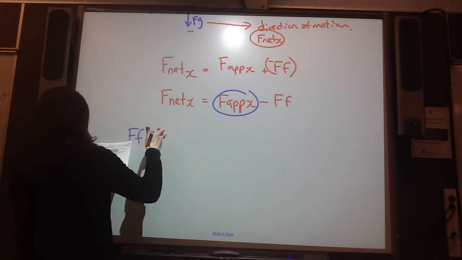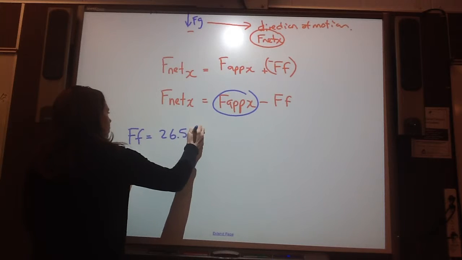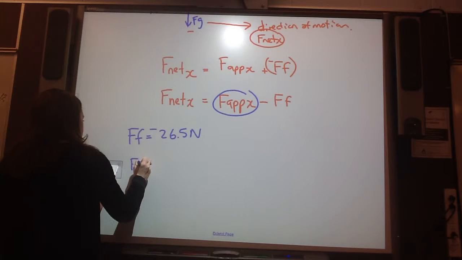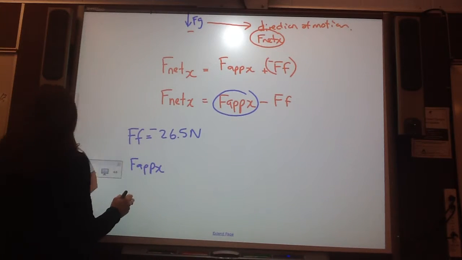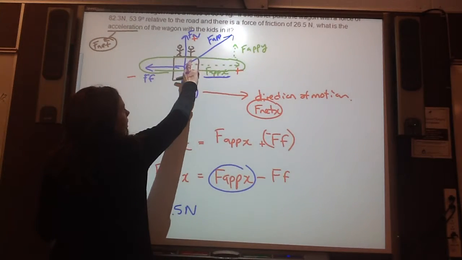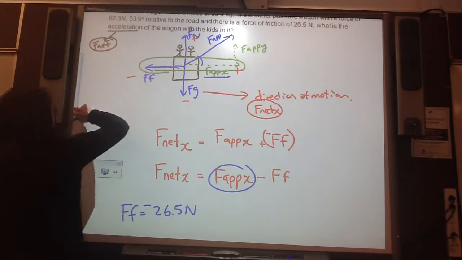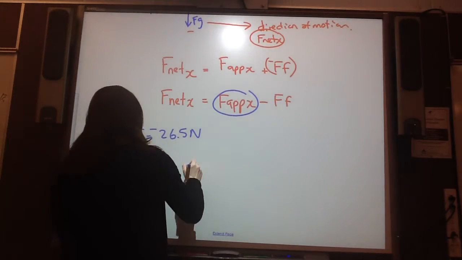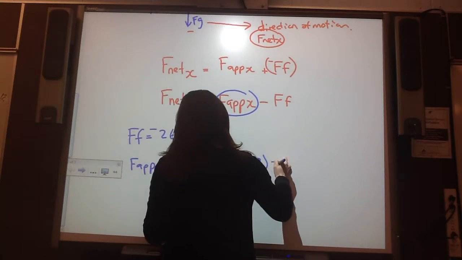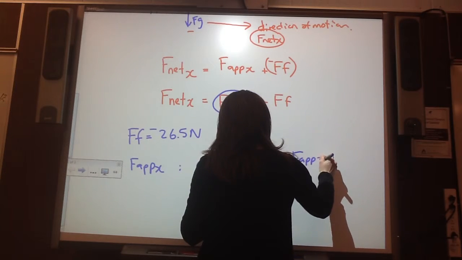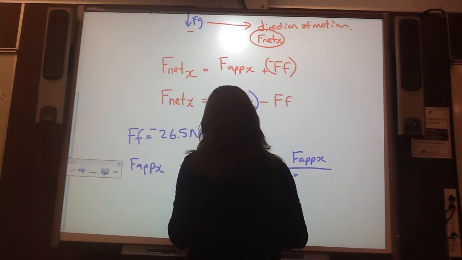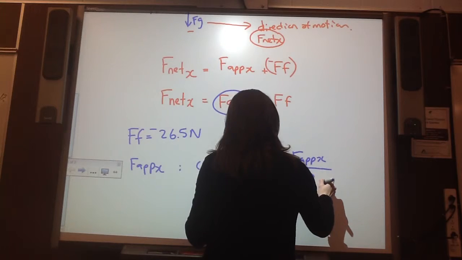FF is equal to 26.5 newtons, and we can set that to negative. We can find F app x by using trigonometry. Here, F app x is adjacent to the hypotenuse, so we'll use cos. So we can say cos of theta, which is 53.9 degrees, is equal to F app x divided by F app, which we know is 82.3 newtons.